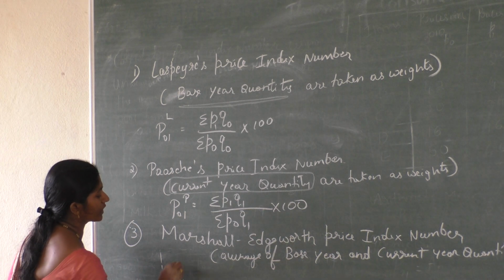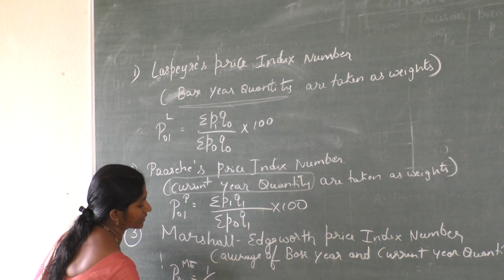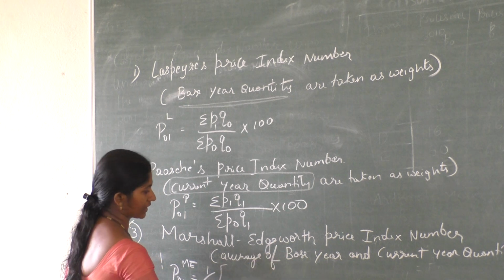Now P01 of Marshall-Edgeworth equals half of the base year and current year quantities.